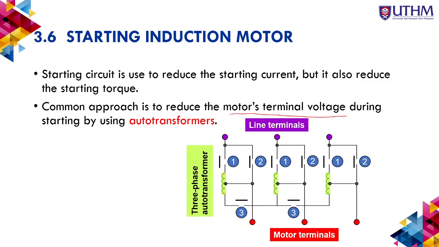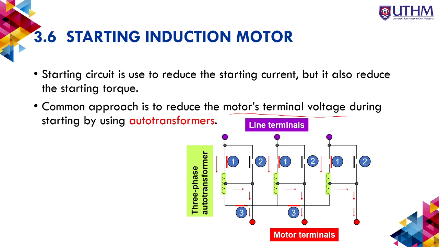For example, like this. You can see this is the three phase power, lines 1, 2, 3, as input from the line, and this is the output. At this point is the autotransformer. At starting, you can see they will close the first switch, and then the current will start to flow.